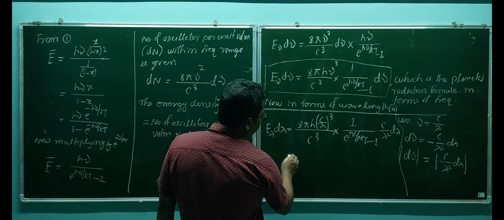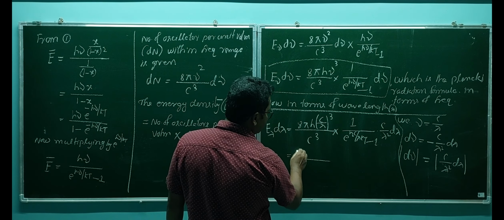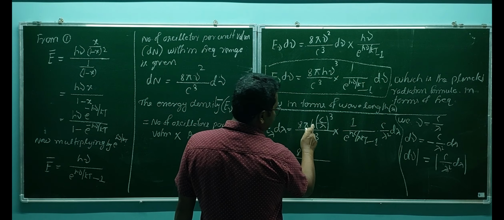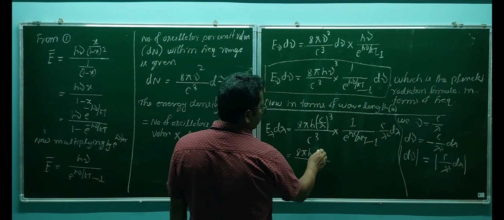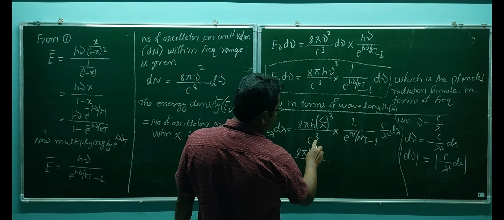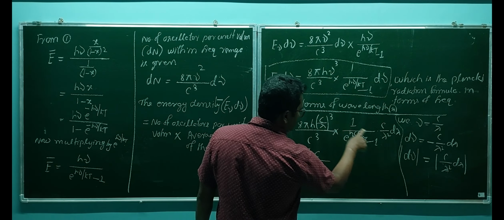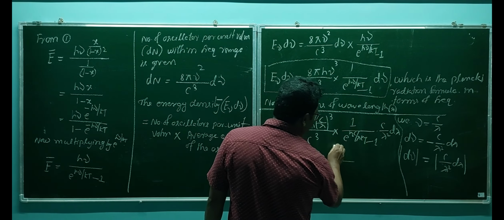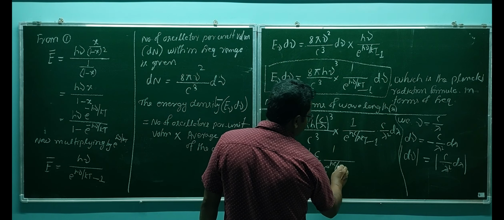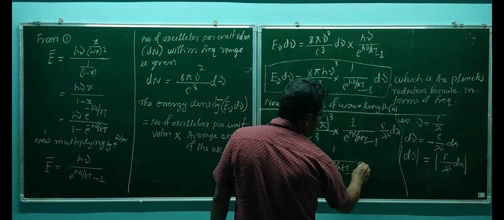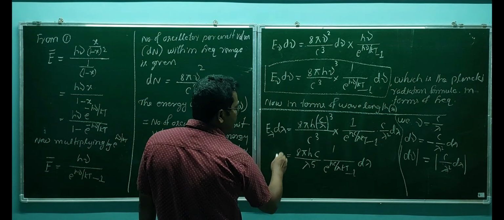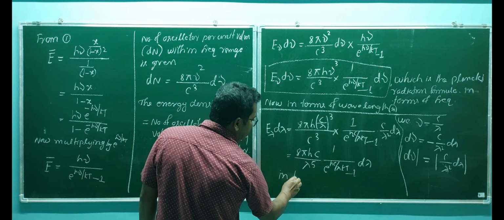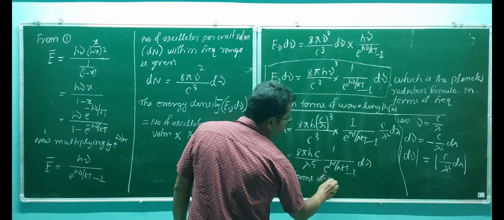So ultimately c cube cancels, and we get 8 pi h c over lambda cube times lambda square, that is lambda to the power 5, into 1 by e to the power hc by lambda kt minus 1 d lambda, which is Planck's radiation formula in terms of wavelength.